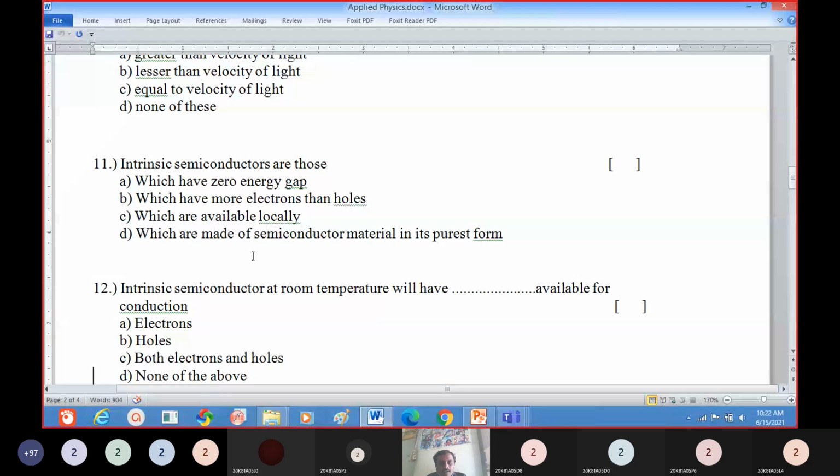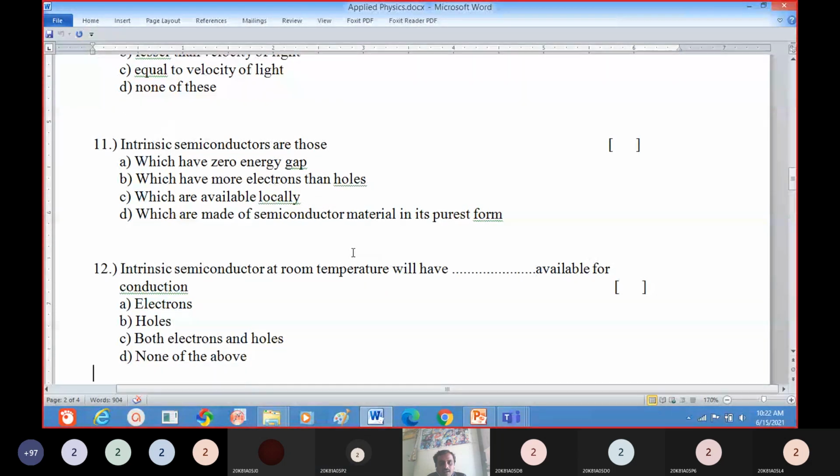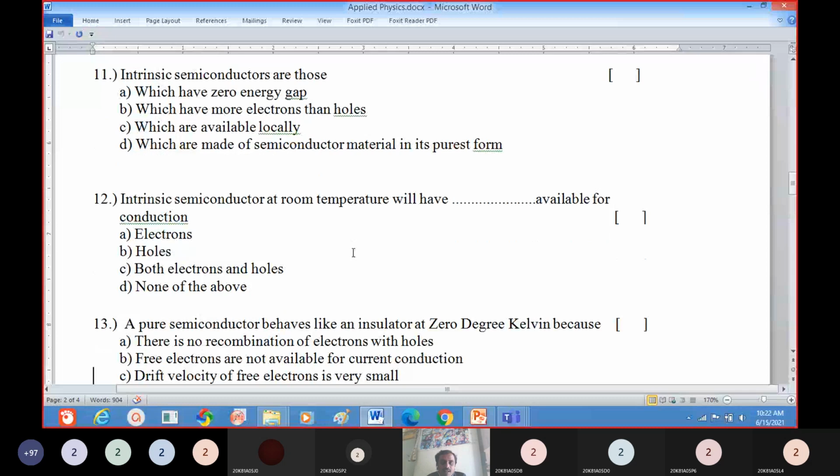Next, an intrinsic semiconductor at room temperature will have what available for conduction? In an intrinsic semiconductor at room temperature, the charge carriers are both electrons and holes. This is option C. Someone said that at room temperature there are no electrons and holes, so none of the above, but that is wrong.